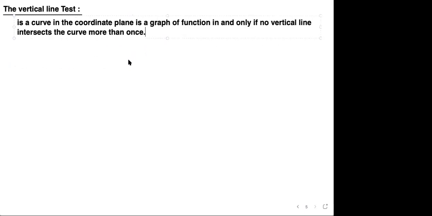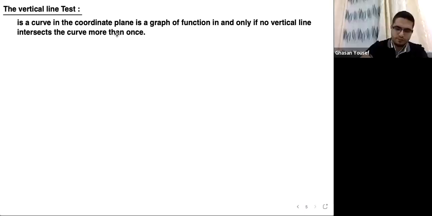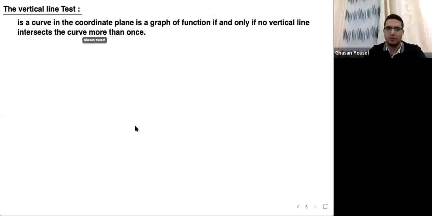A curve in the coordinate plane is a graph of a function if and only if, when I check using the vertical line, no vertical line intersects the curve more than once. The vertical line should cross the curve at only one point.